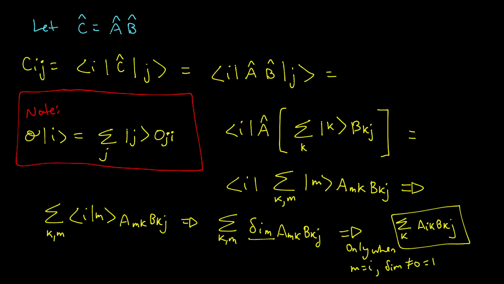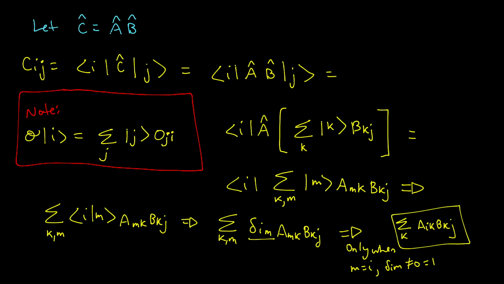apply the operator to each ket vector k under the sum to get the bra vector ⟨i| times the sum over all k and m of the mth basis ket vector times A_mk times B_kj, which would get you the sum over all k and m of ⟨i|m⟩ A_mk B_kj, which would give you the sum over all k and m of δ_im A_mk B_kj.